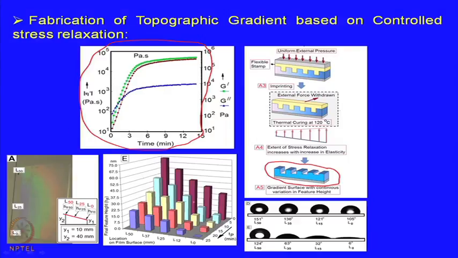In contrast, which is very clear from this particular graph, this is the pre-curing time, and you can see that for all the pre-curing times, you indeed get a gradient, but as your pre-curing time becomes higher, progressively the overall depth of the features reduces.